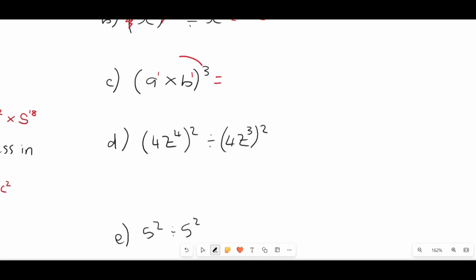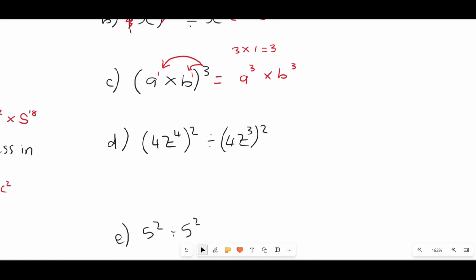Now this 3 needs to get multiplied by this 1 and by this 1. We all know that 3 times 1 is 3. So this will then become a to the power of 3 times b to the power of 3.